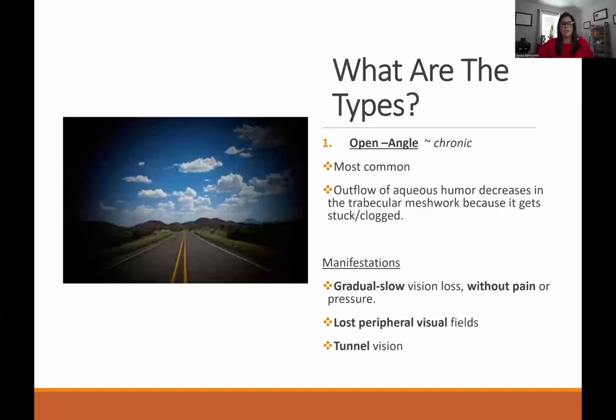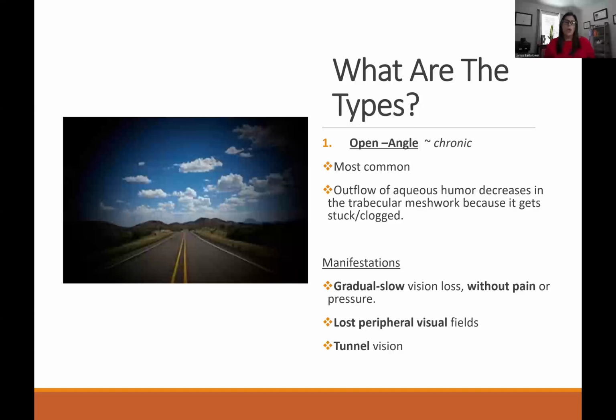The outflow of this liquid substance basically gets affected because it gets stuck or clotted, almost like your drains. Whenever they get clogged with, I don't know, debris or maybe us women's hair, your water can't drain from your tub. That's a way of seeing it.